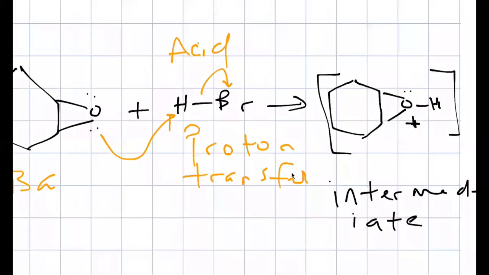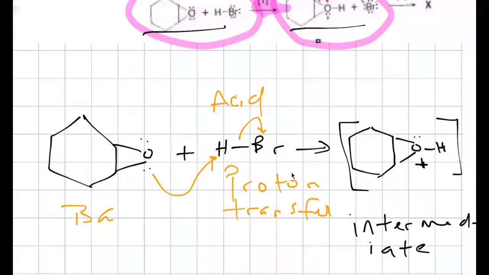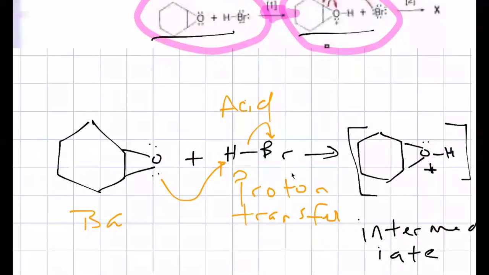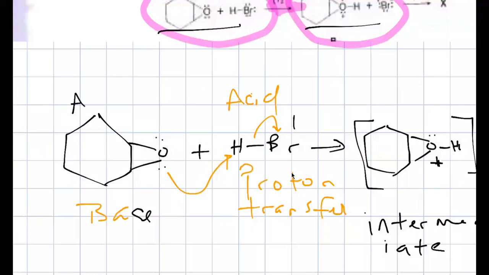Let's do that here. So what am I doing going from, we're going to call this A and B. What am I doing in between A and B again? Proton transfer. Okay, proton transfer. So I just made a bond between H and let me put over here Br minus.